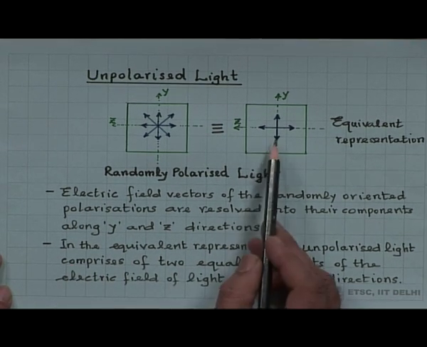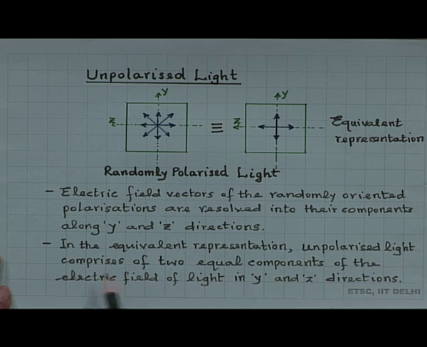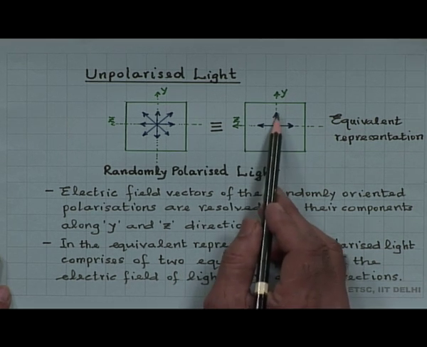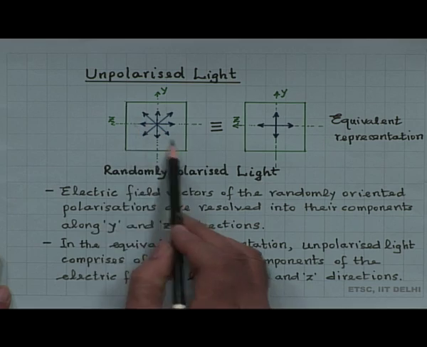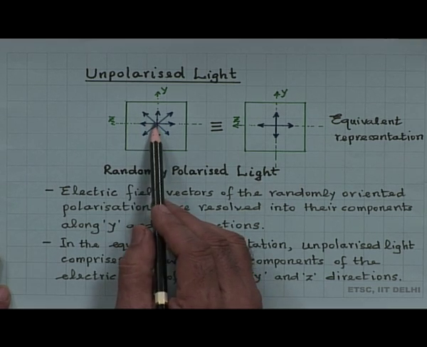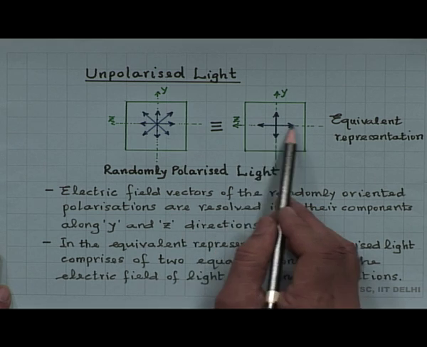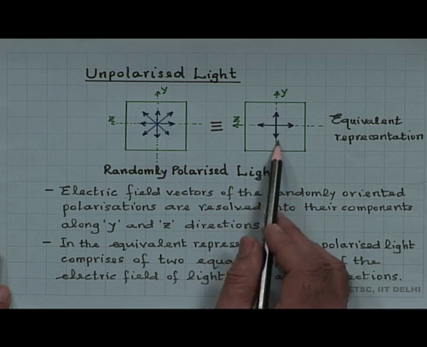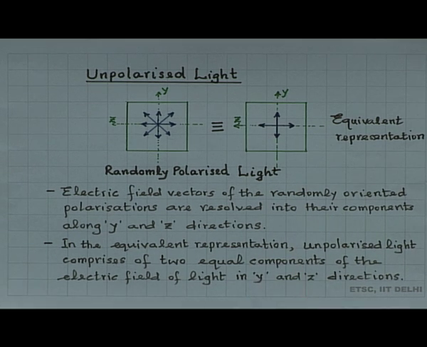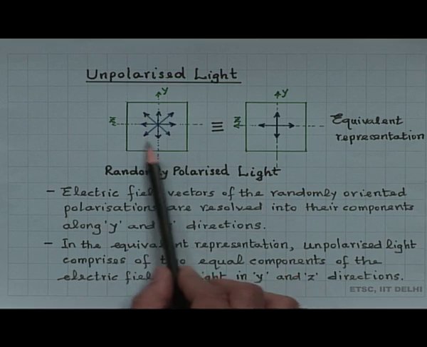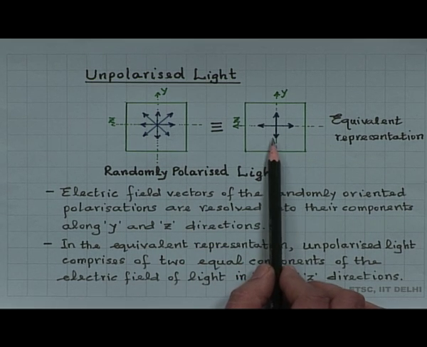In the equivalent representation, unpolarized light comprises two components that are equal in magnitude, because there are random polarizations in all directions, and therefore on average both components are equal in the two orthogonal directions. So from now onwards we will represent unpolarized light in this fashion.